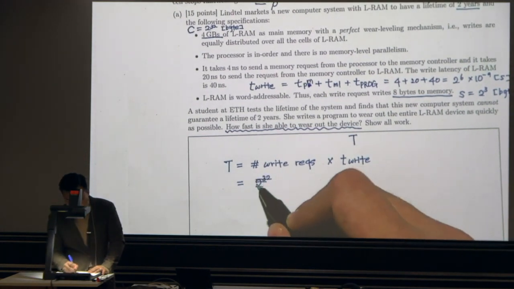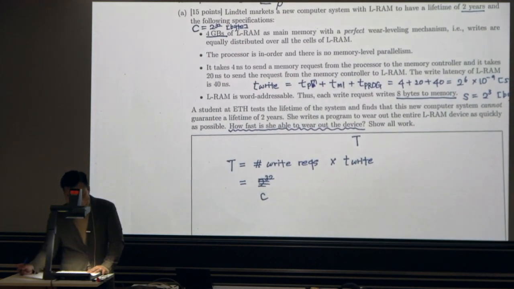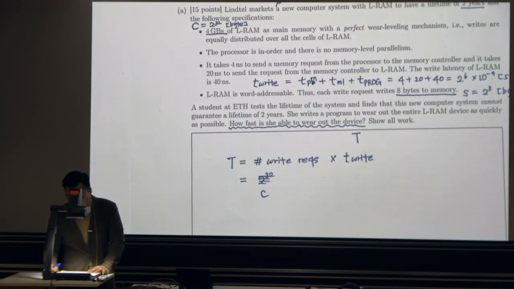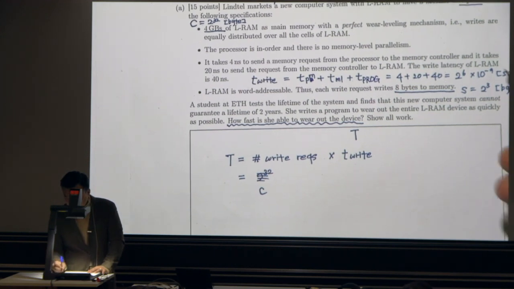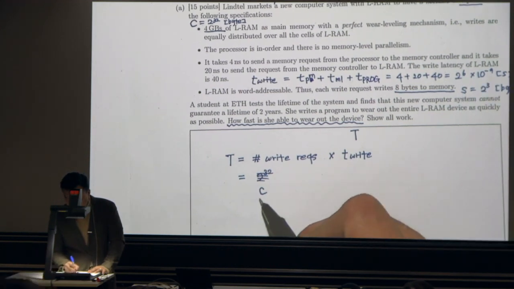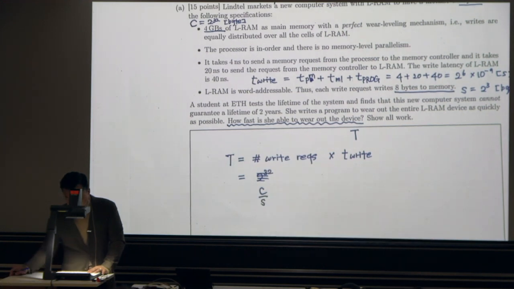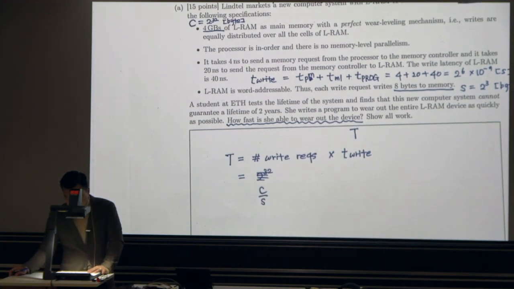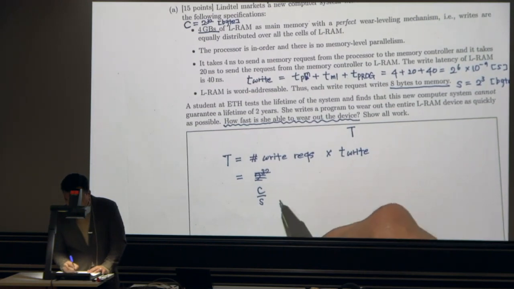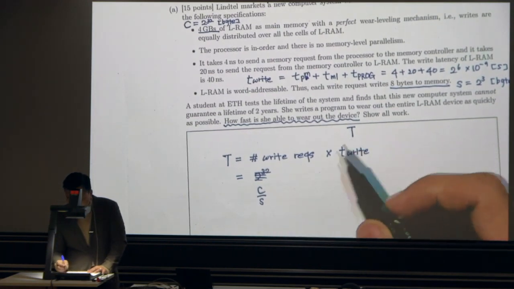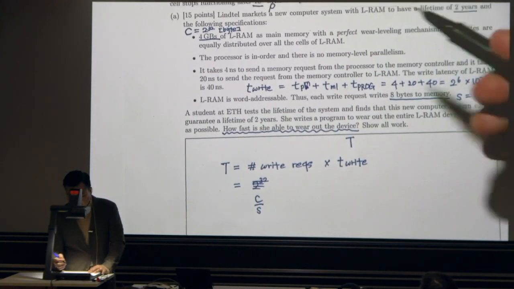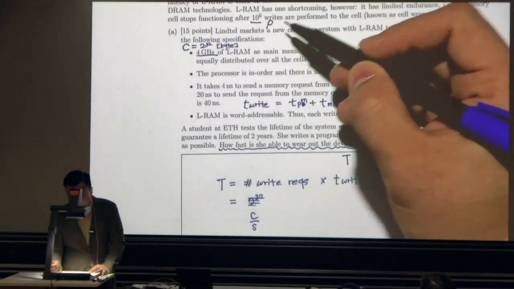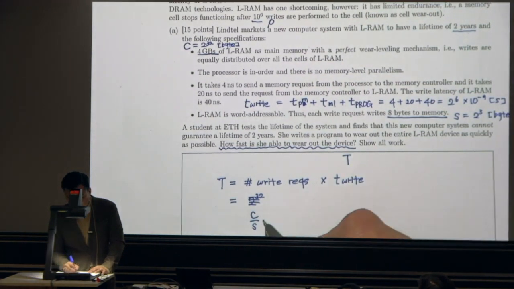So let's first use the terminology C. And we can write as large as the size S. So the total number of write requests should be C over S. And we repeat this write request for the limited program cycle of a cell, right?